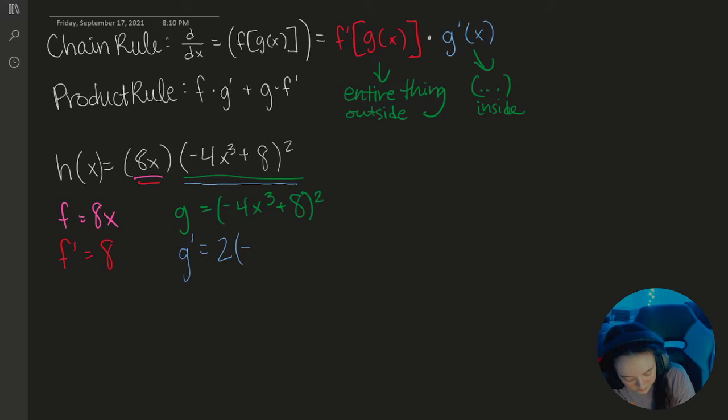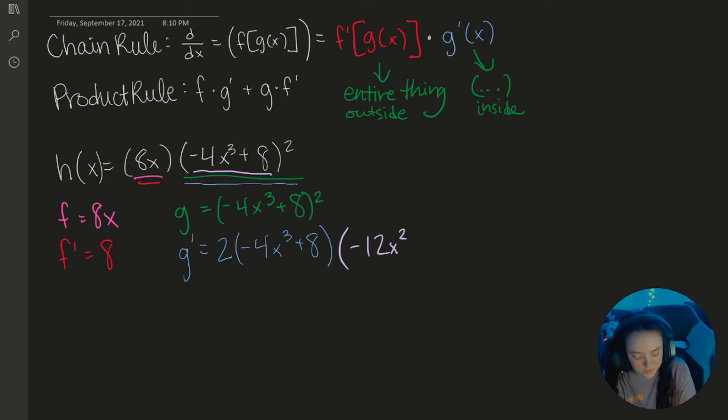We multiply it times the inside. 2 minus 1 is just 1. We don't have to put understood ones. But since we're doing chain rule here, we still have to multiply that by the derivative of just the inside of this set. That's going to be negative 12x squared. This entire thing is your G prime.